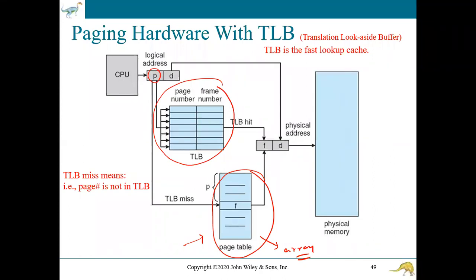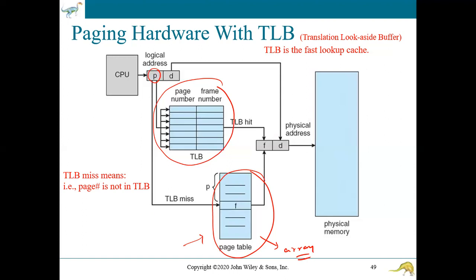The frame number is an integer, so it's an integer array. That means you take the index, go to the right element, take the element value, which is the frame number, and replace it in the physical address space. And that's it. But each time you look at the page table, you write it down inside the TLB.